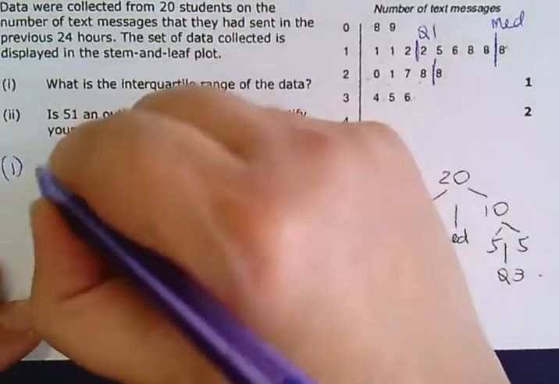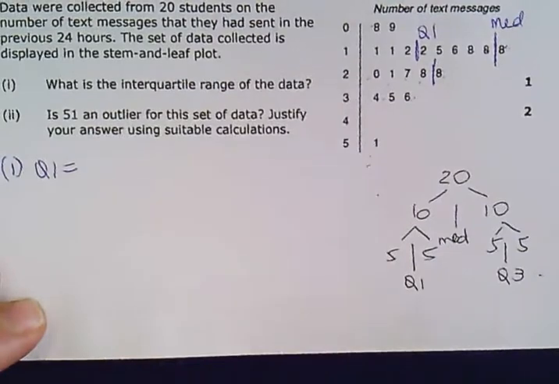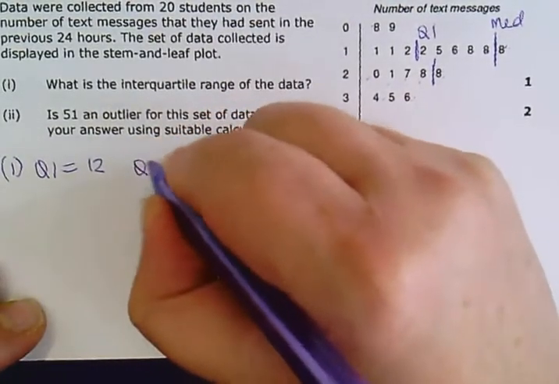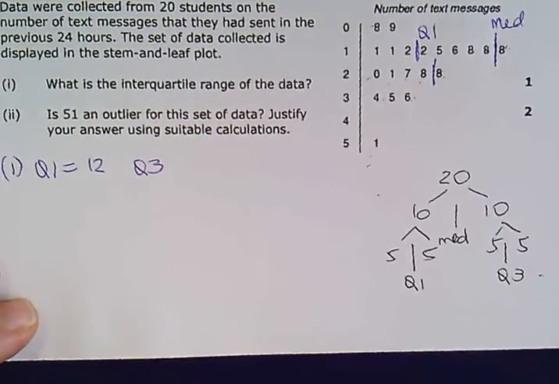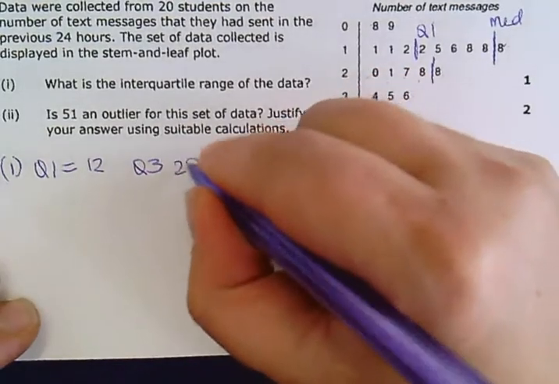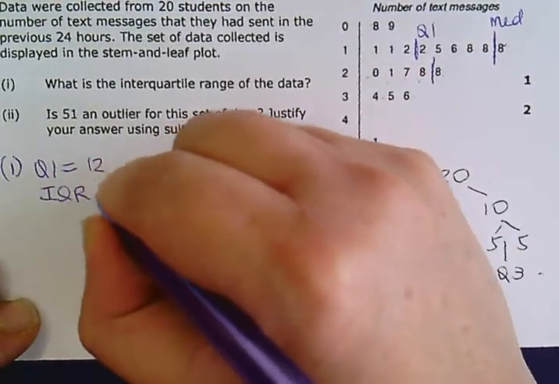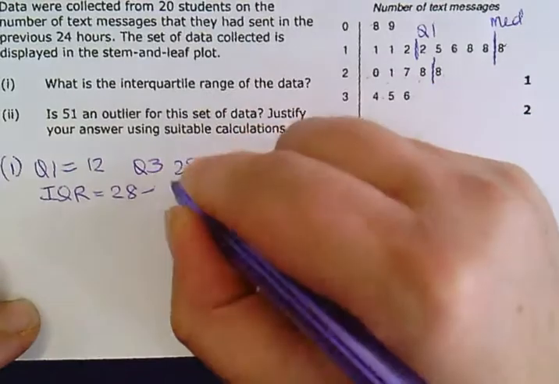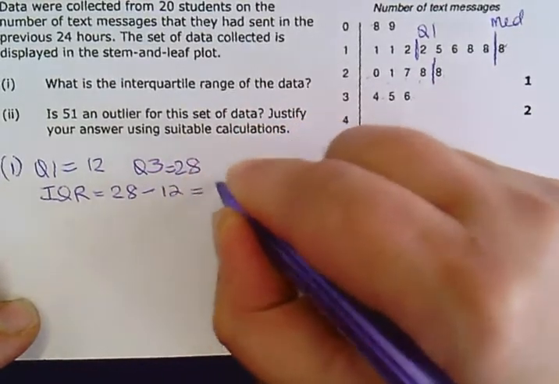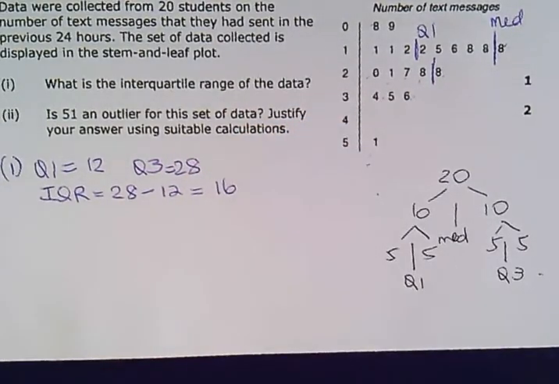So, question 1. What's Q1? 12. What's Q3? And the interquartile range is 28 minus 12. It's 16. Now, with the outlier formula, we're going to use the greater than or the less than one? The greater than.